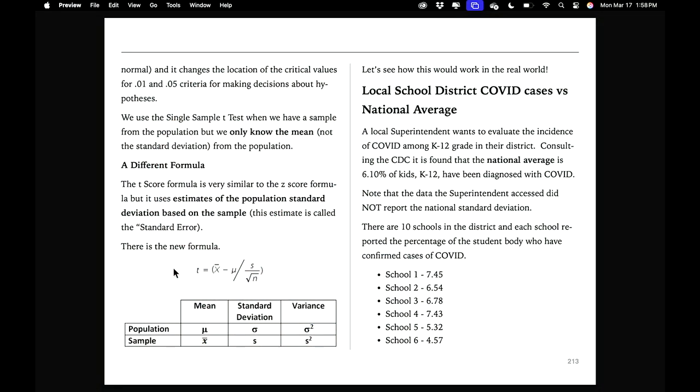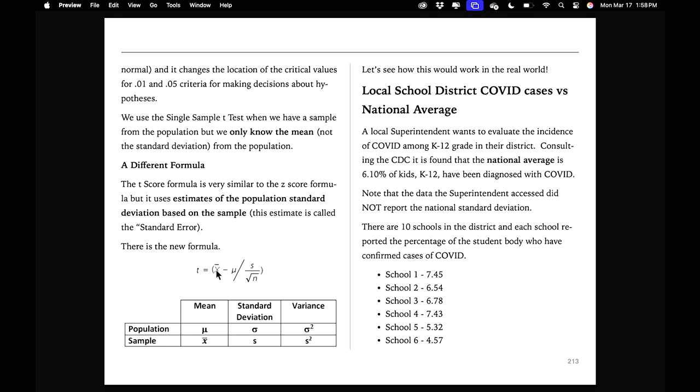So let's hear. On page 213, I introduce the formula right here. It's the same formula, except with the t instead of a z. The x here is the mean of your sample, or the score.